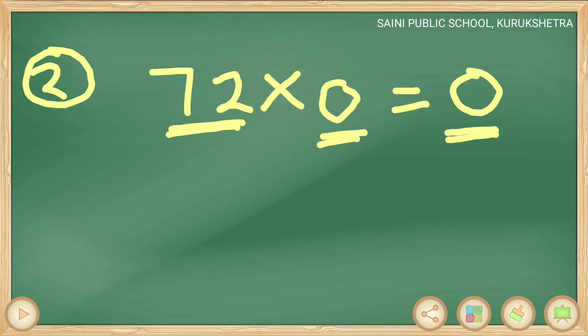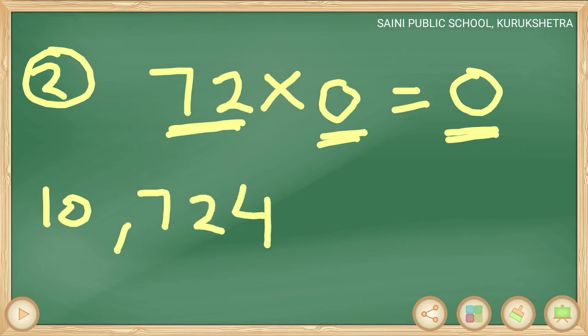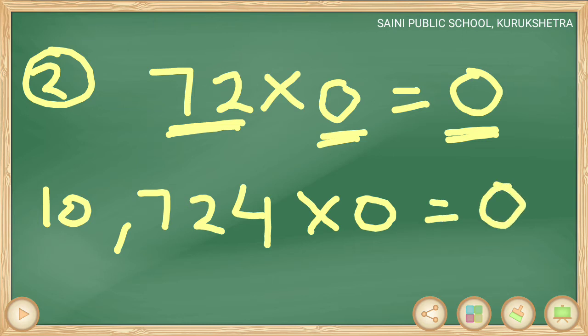For example, I am taking a large number now, 10,724. But if I multiply it by 0, then the product will be 0. So the second property says when the multiplier is 0, the product will always be 0.